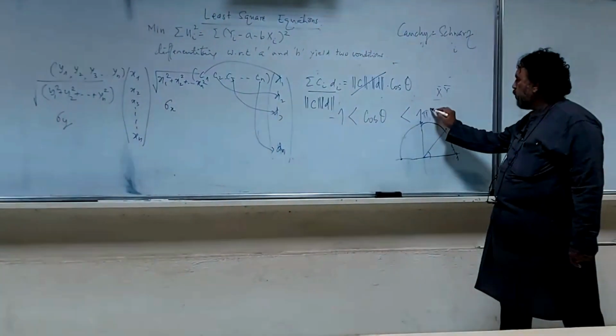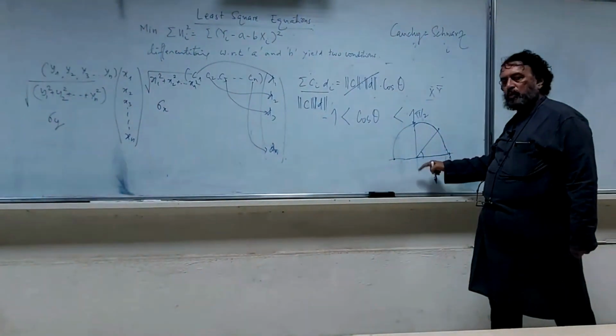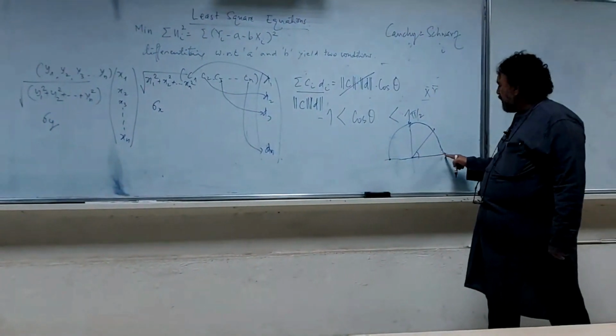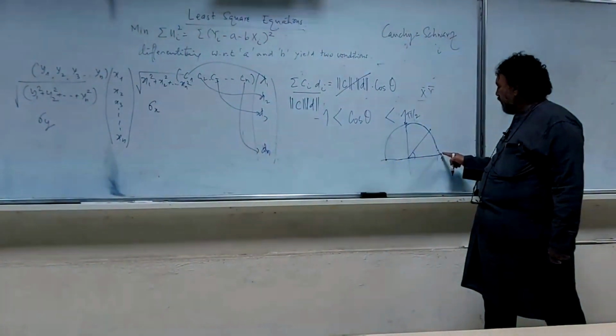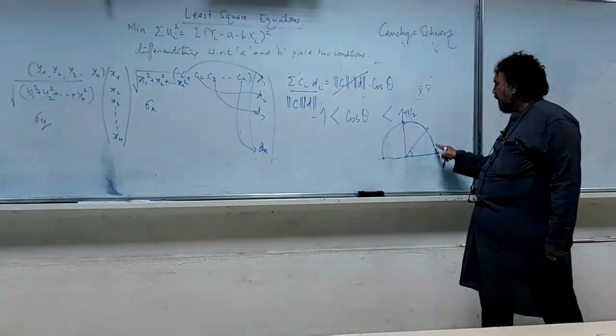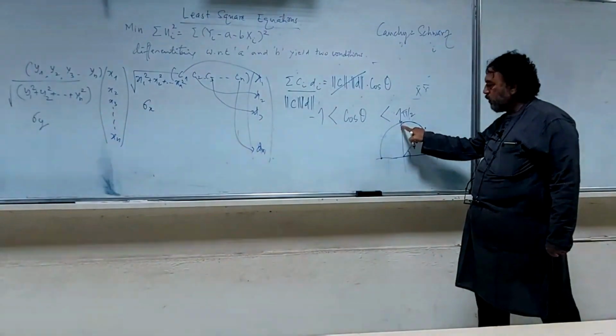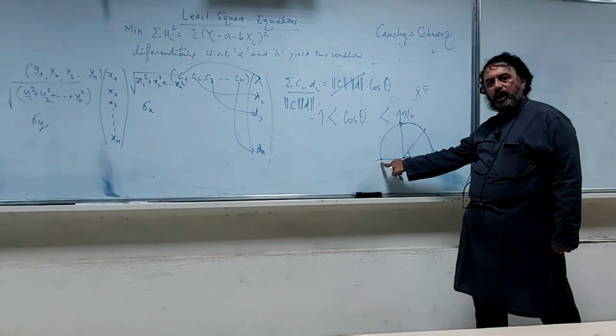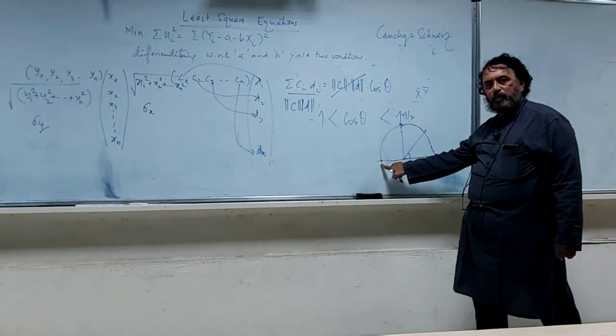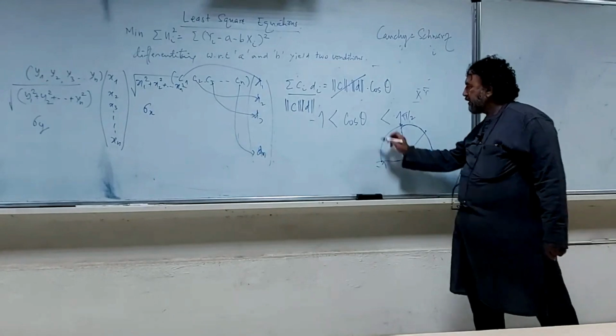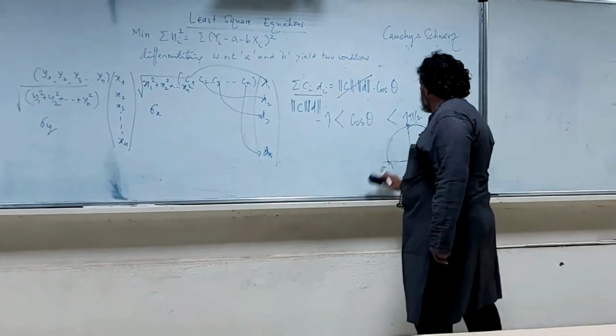At theta equal to 0, cos will be 1. At theta equal to 90 degrees, that is pi by 2, it will be 0. We reach here, that is pi, 180 degrees, and that will be -1. So cos theta always varies between this.